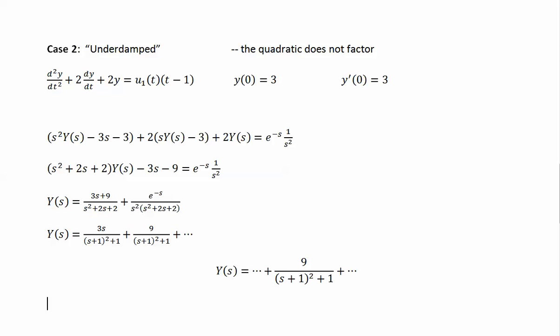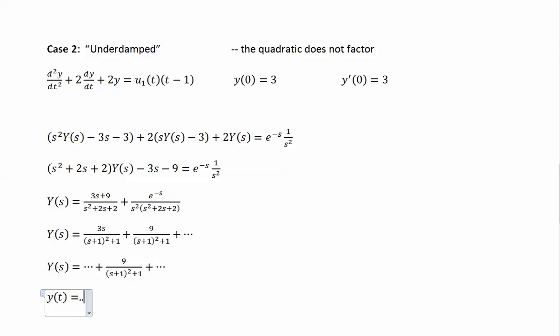And when I go to my inverse Laplace transform and go back to little y, notice my omega squared is 1, so I need a 1 up here, and that will correspond to my sine rule.